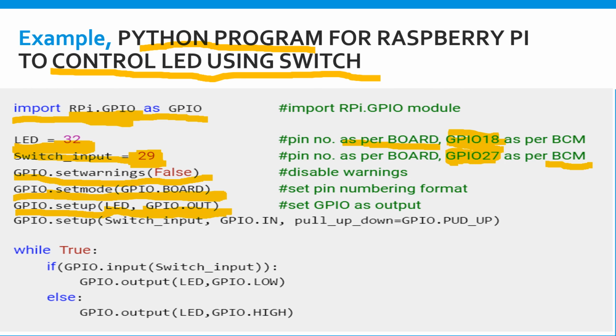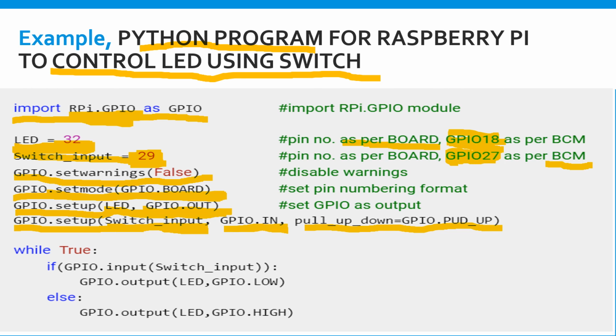Similarly, I have to set the switch as an input, and therefore I have used the function that we have already learned, that is GPIO.setup(switch input, GPIO.IN, pull_up_down=GPIO.PUD_UP).